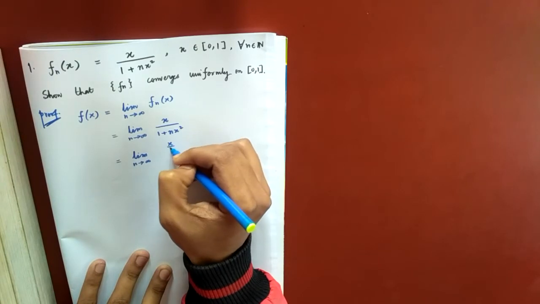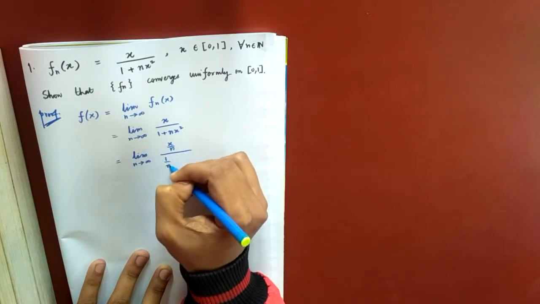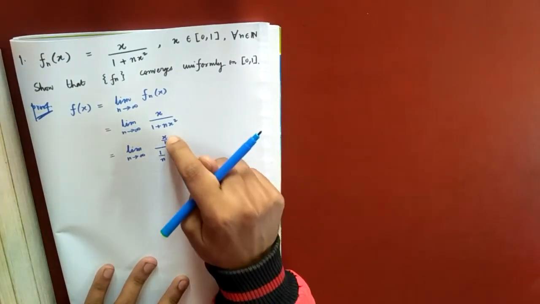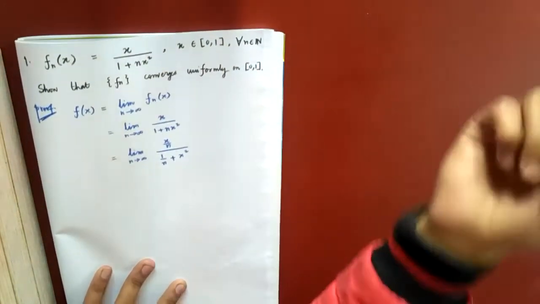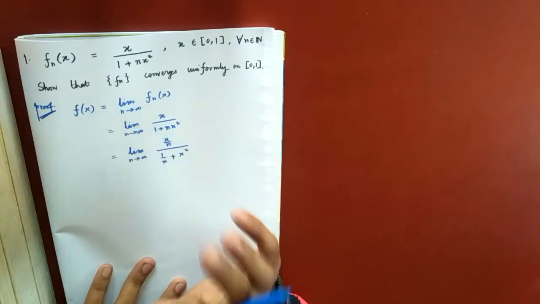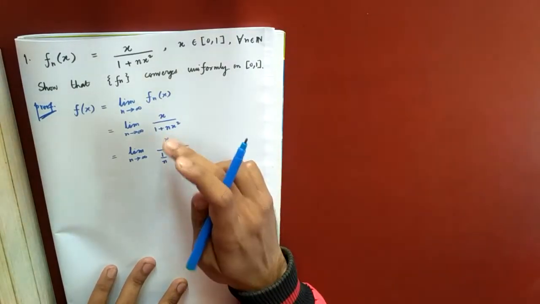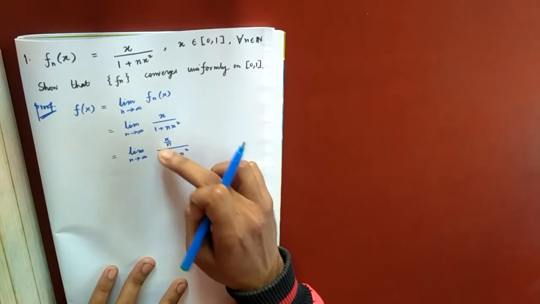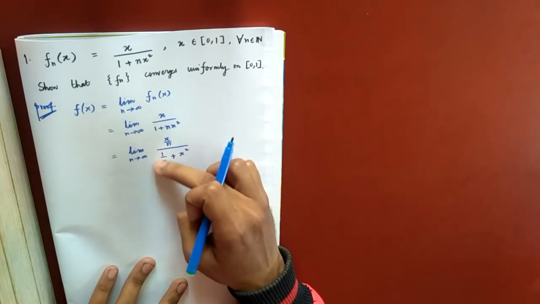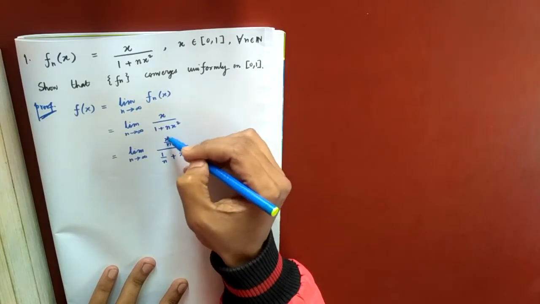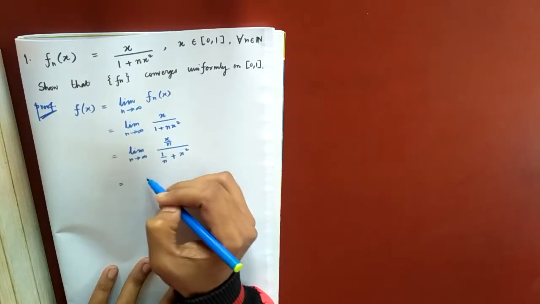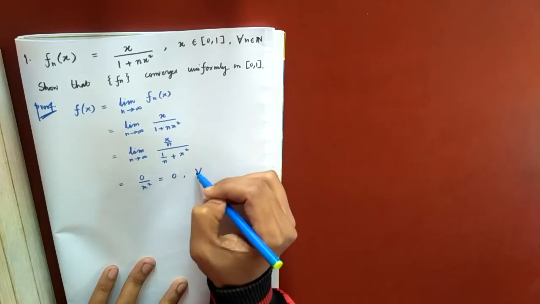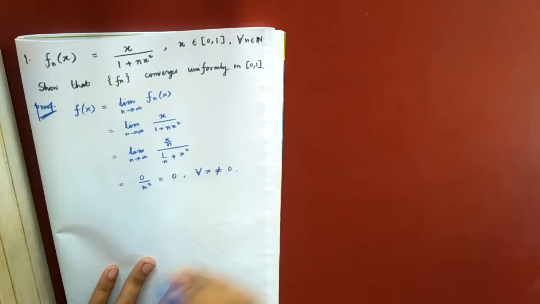This is x by n divided by 1 by n plus x square. Now the good thing is, whatever x you choose from 0 to 1, 0.5, 0.9, this is going to 0 and this is going to 0, right? So what I'm getting is 0 by x square, which will be 0 for all x not equal to 0.